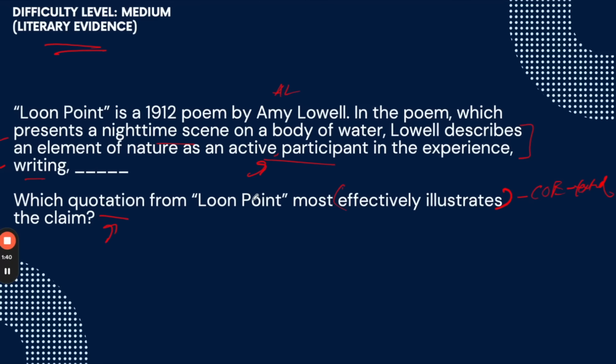So whichever option talks about one of the natural elements in a way that it's not just a background detail, but it's doing something more than that, is going to be our correct option. It's almost as if the element has a role or presence in the action taking place, right? So this is what we are looking, or this is what we are trying to find in our correct option.